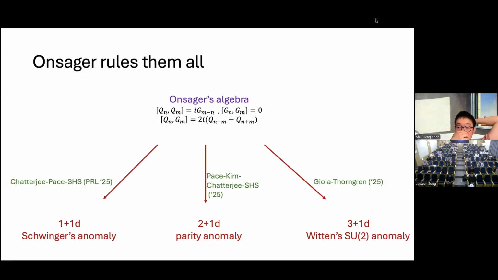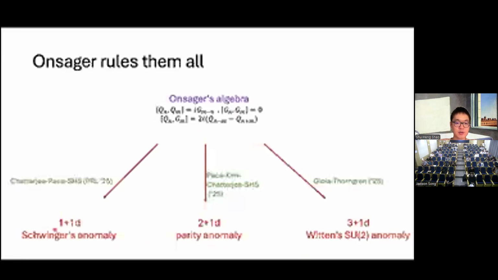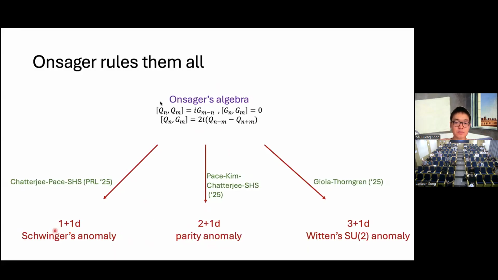In 1+1D, people usually say that the actual U1 axial symmetry is emergent. It's not an exact symmetry on the lattice. But our work is saying that that's not the case. The axial symmetry is not an emergent symmetry; it comes from an exact symmetry operator on the lattice. Having said that, I'm not sure if I would say that the anomaly of the axial symmetry in the IR is emergent.